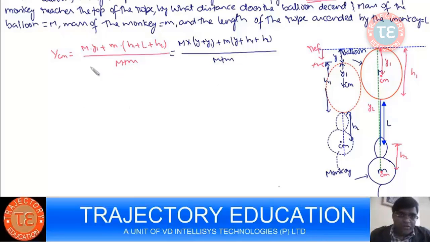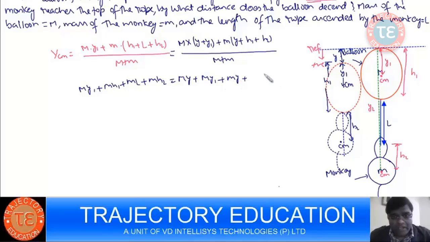If I equate the center of mass, the y component of the center of mass should not change. So M y1 and m h1 plus m h2 should equal M y, M y1, m h1 and m h2.